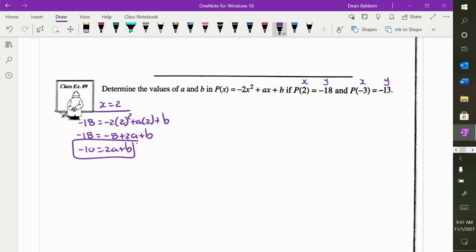Well, you can, and we will, but I don't know which variable to solve for yet, because I have two unknowns, right? So I need, how many equations? Two. So I need to make another equation. How do I make the other equation? You sub in the other information. So I use this one now.